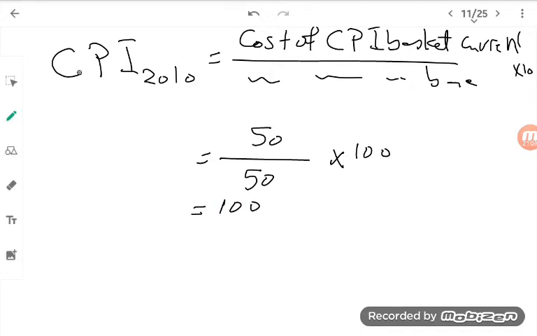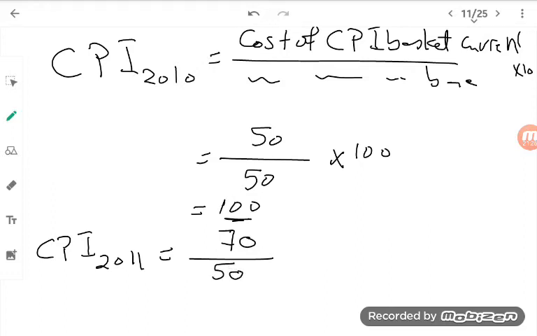As we said, CPI for the base year is 100. Okay. For year 2011 is going to be 70, which is cost of CPI basket at the current year, divided by 50, which is cost of CPI basket at the base year, multiplied by 100.